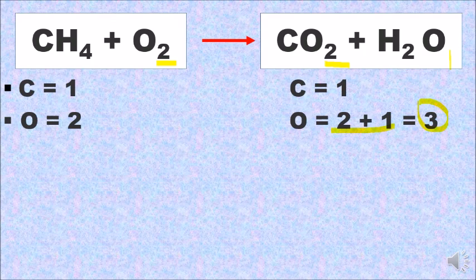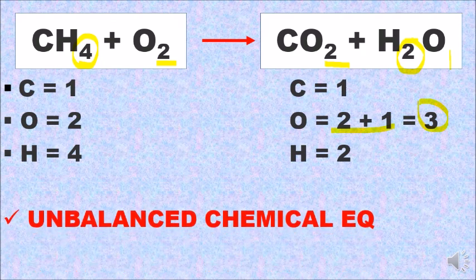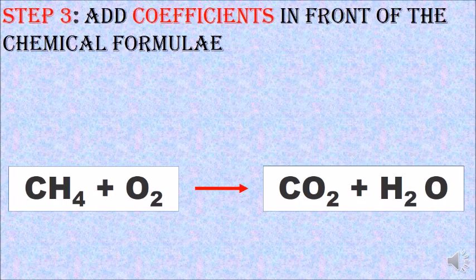So the total number of oxygens will be 2 plus 1 equal to 3. Similarly, the number of hydrogen atoms is also not equal. On the reactant side, the number of hydrogen atoms is 4, while on the product side, it is 2. Is this equation balanced? Obviously not, right? Because the number of oxygen and hydrogen atoms on each side of the reaction are not the same.